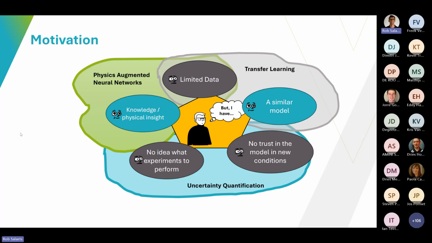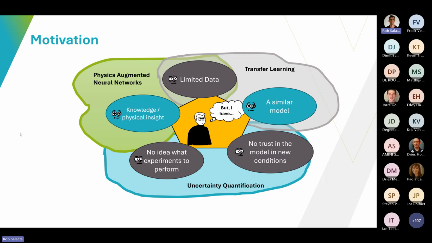And then to put some buzzwords on it or some techniques behind it, at Flanders Make, we've investigated some solutions for these problems, and one of the solutions we call physics-augmented neural networks, which is our approach to physics-informed machine learning, let's say. This will allow you to leverage your intelligence about your machine. Transfer learning is, I think, well known in the machine learning community.